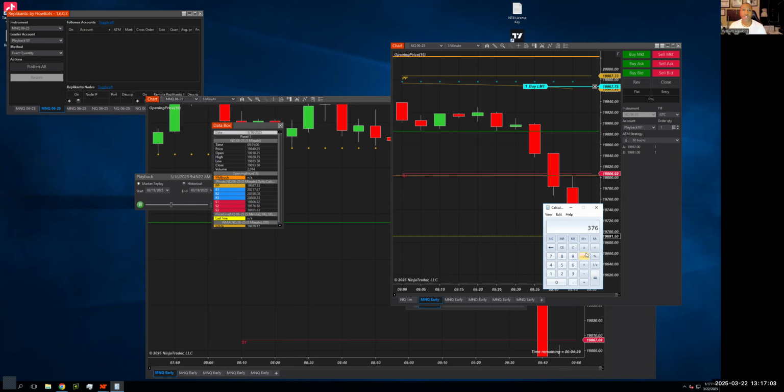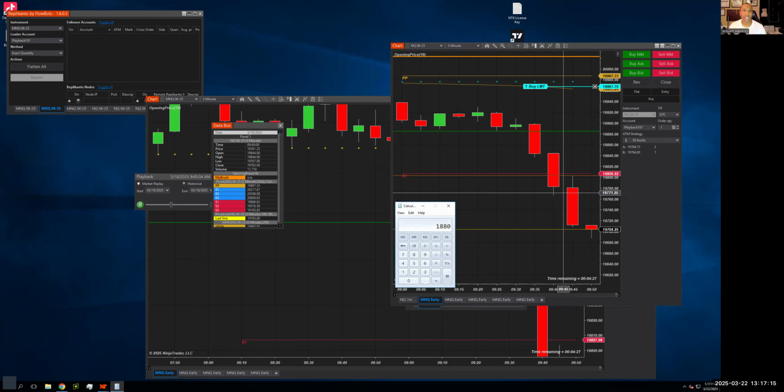That is 376 ticks. Every tick is $5, so 376 times 5 is $1,800. That little movement from here to here was $1,800 on one contract. That's the power of levels.